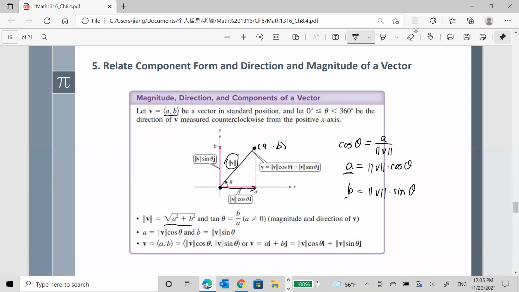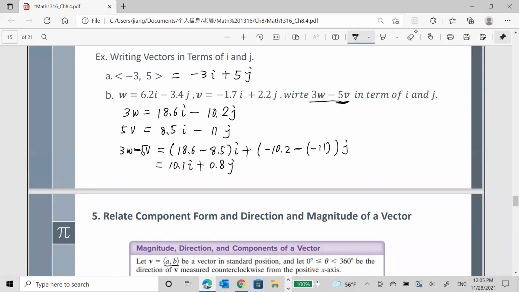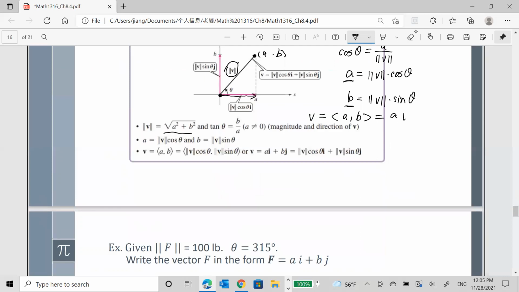So if we have a and b, do you still remember v equals ab? And written in the i and j form is ai plus bj.